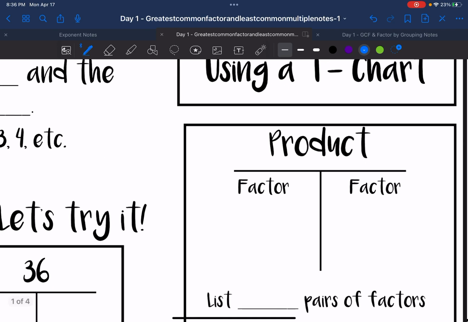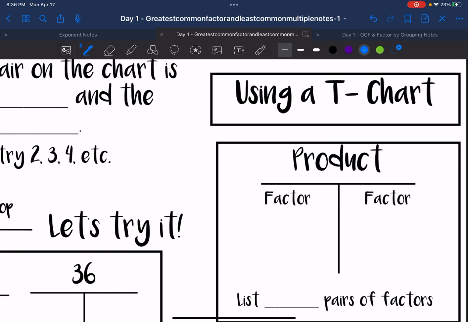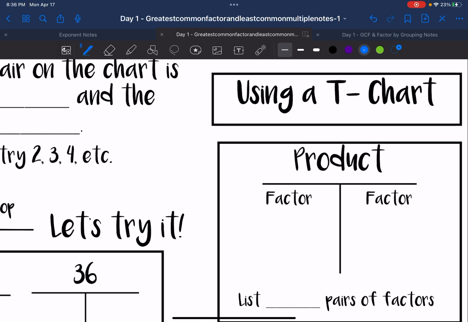Okay, so you're going to be using a little bit of a t-chart just to figure this out for today. I want you to see this because it's going to help you understand the chart that I'm going to give you and what we're going to be looking for when we are solving our factoring problems. Using a t-chart, we have a product, which is the number that we're concerned about, and then on each side, some numbers listed.